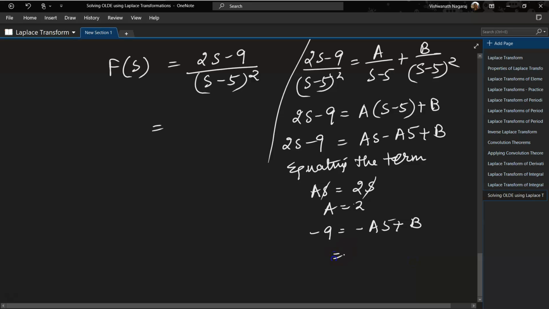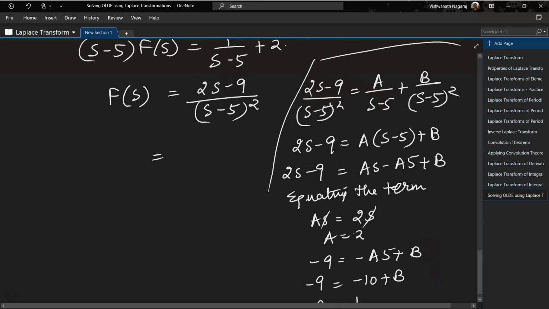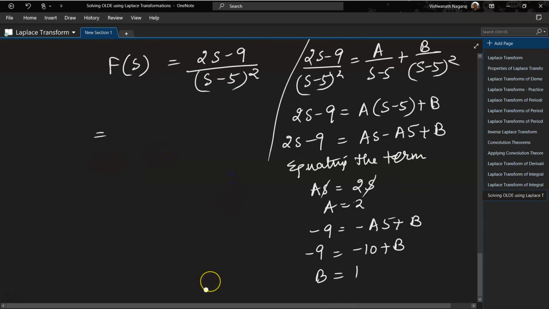Now a is 2, so this becomes minus 10 plus b equals minus 9. So b is equal to 1. So that means our partial fractions would be what? If we split this into a sum of two fractions, we will get a is 2 by s minus 5 and b is 1, so plus 1 by s minus 5 square.